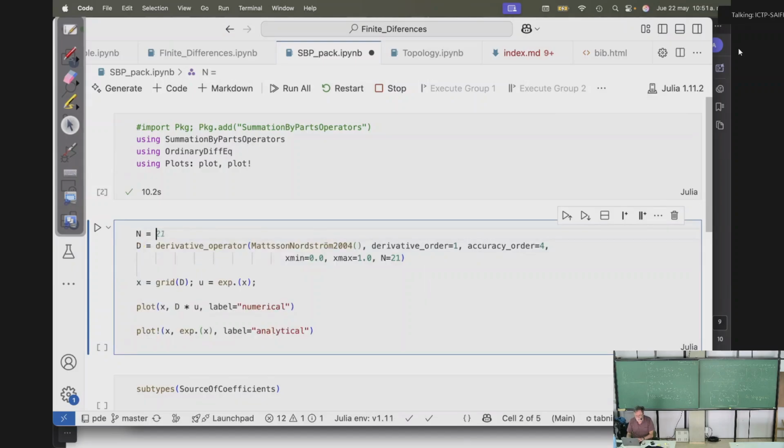So here we'll put 11 points, just to see what it is. And here we have an operator.